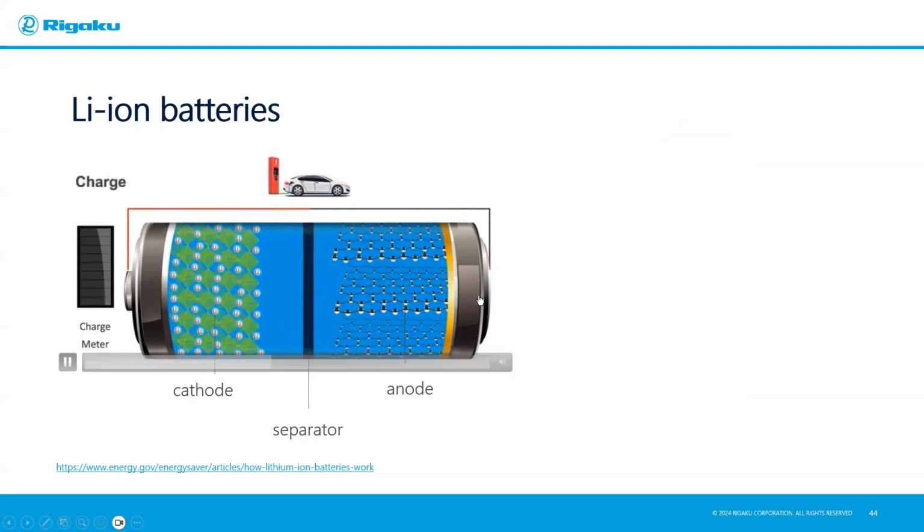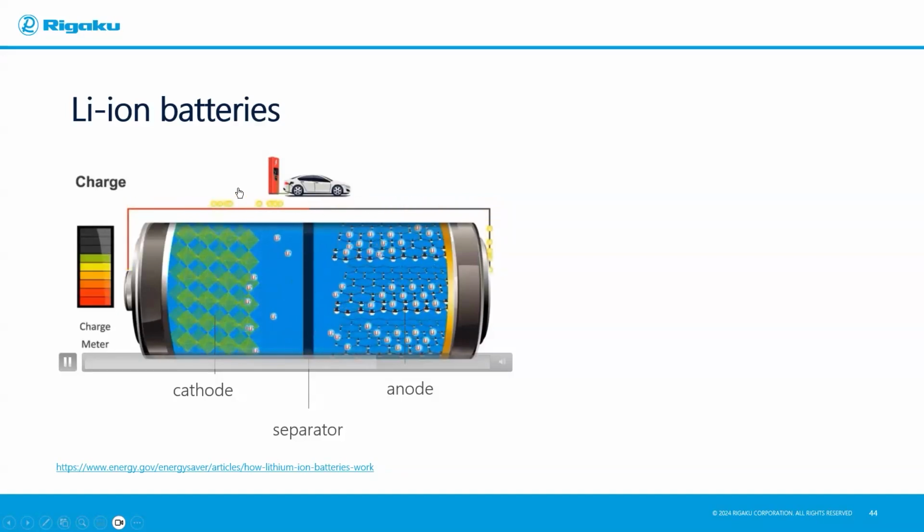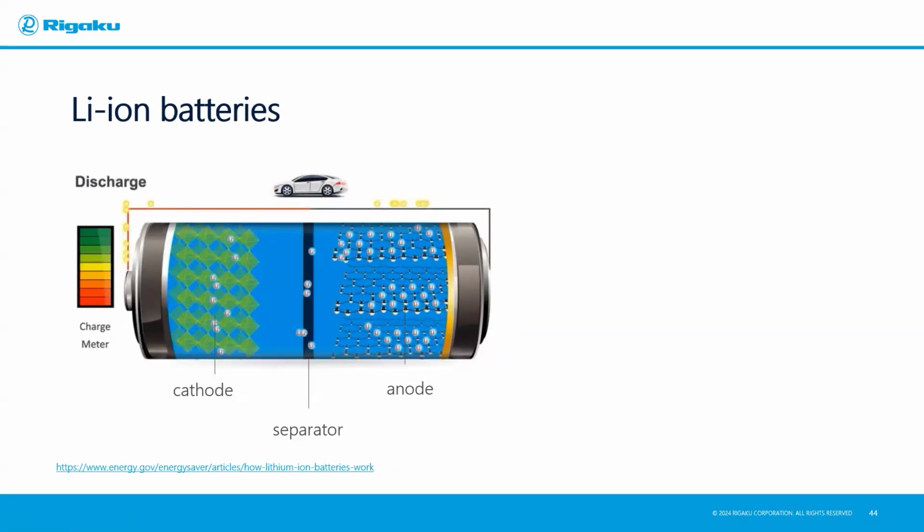And when that happens, there is a current that allows the product to run in that case. And so when we're charging in this case, basically the lithium ions are going in the reverse direction, and that adds charge to the battery in the device.